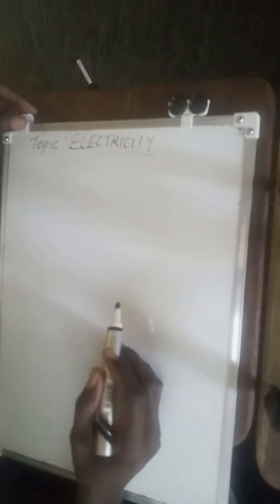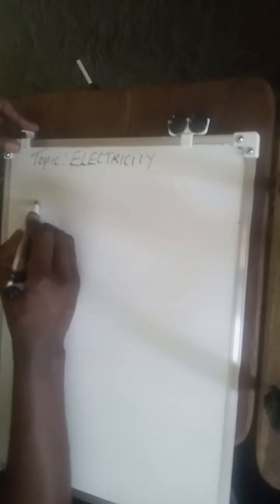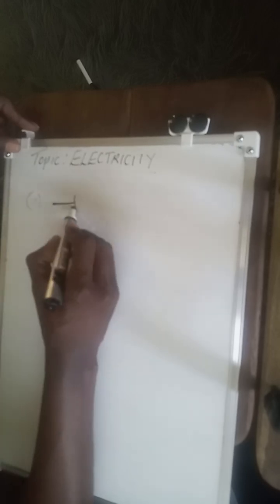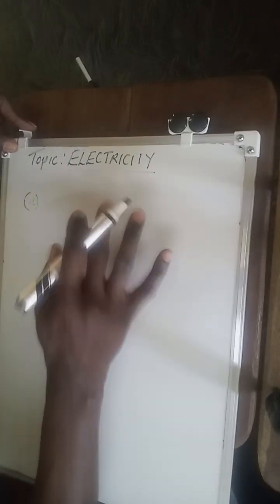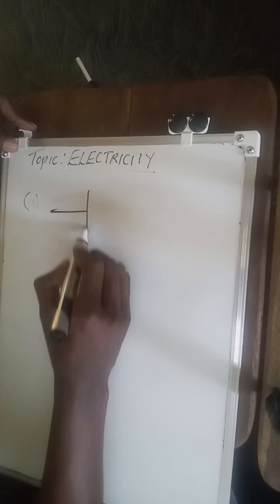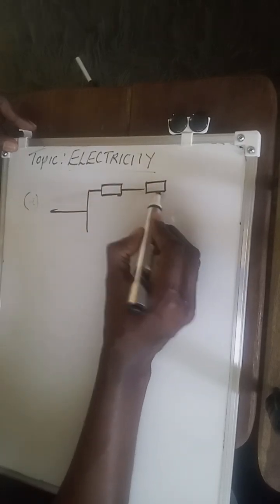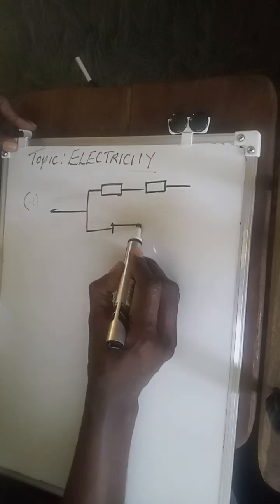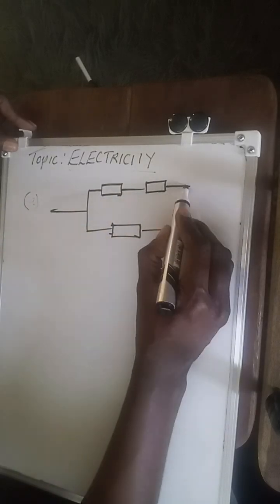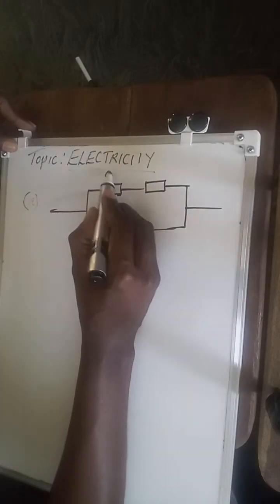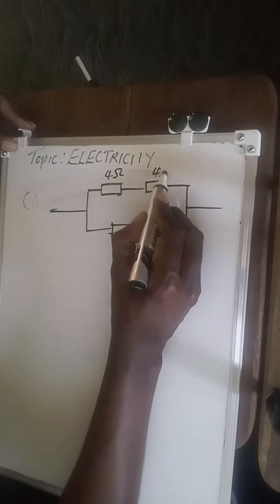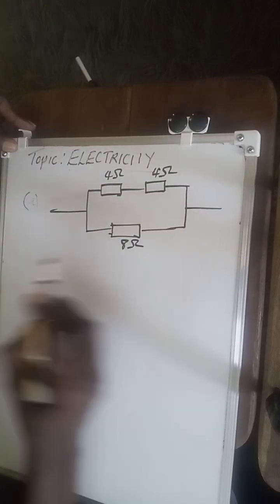You have such type of resistors arranged in a circuit. Let's say that you have that and you have that. Let me say that is 4 ohms, that's also 4 ohms, and that is 8 ohms.